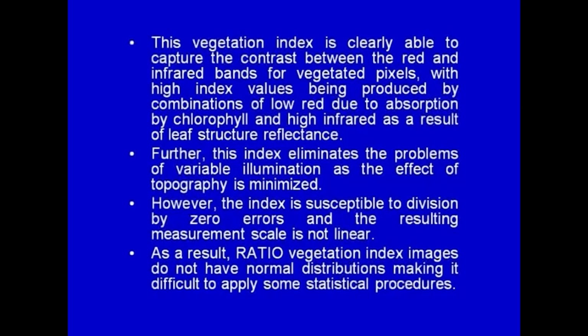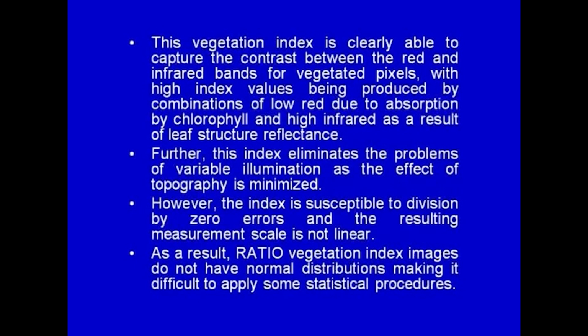This index is clearly able to capture the contrast between the red and the infrared bands for vegetated pixels, with high index values being produced by combinations of low red due to absorption of chlorophyll and high infrared as a result of leaf structure reflectance. Further, this index eliminates the problem of variable illumination as the effect of topography is minimized.